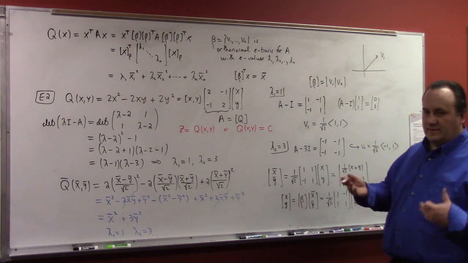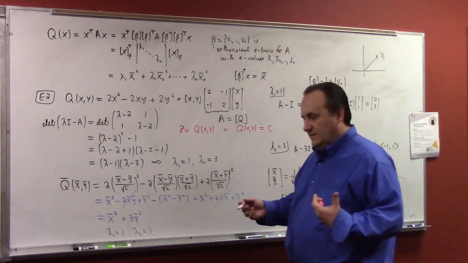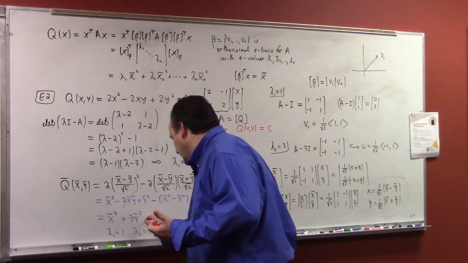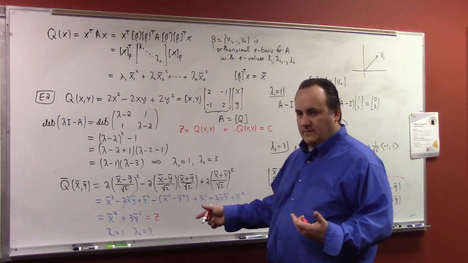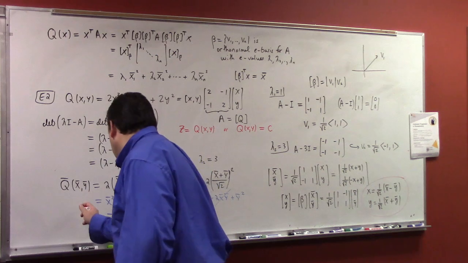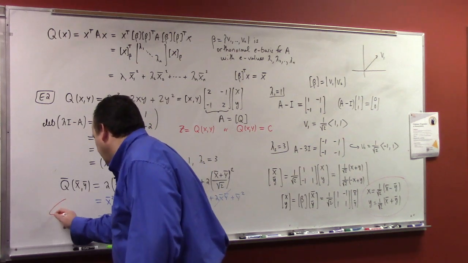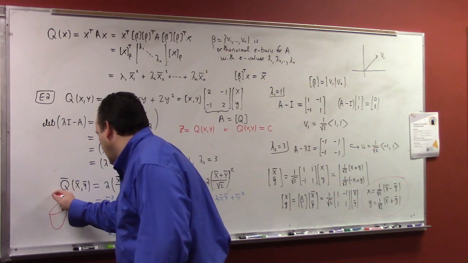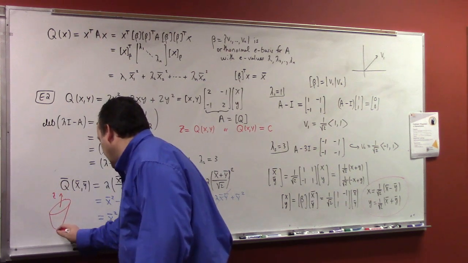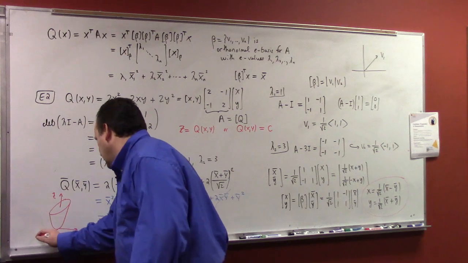Well, those questions become easy to answer if I just use the nice formula, right? If I put this equal to z, what are we looking at? Something like an elliptical paraboloid, right?